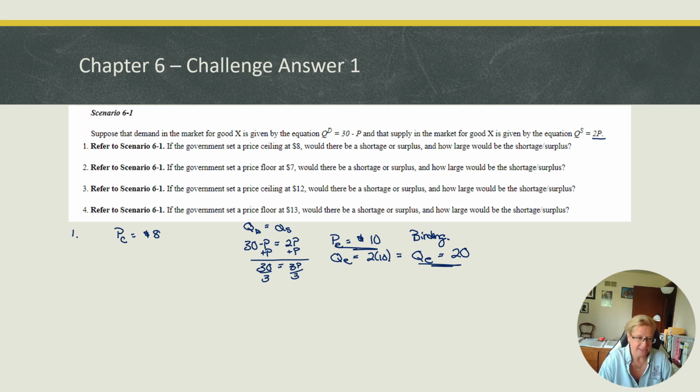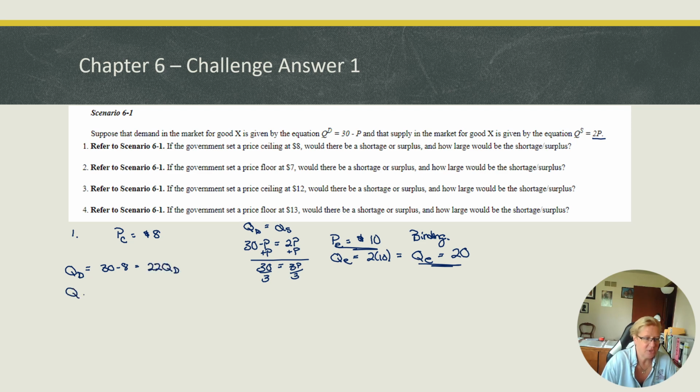The price ceiling is at 8. So for the quantity demanded, we're going to say 30 minus 8, and that's going to give us 22 for the quantity demanded.